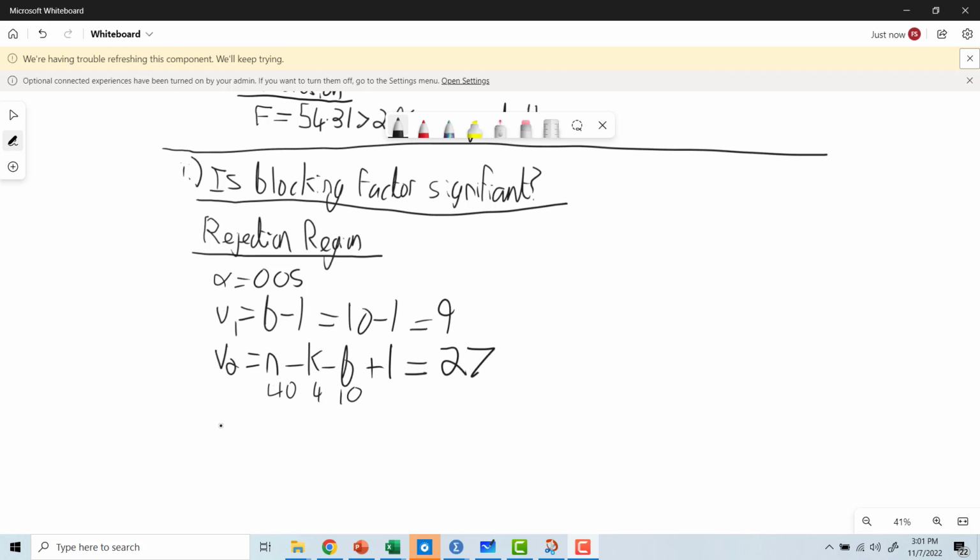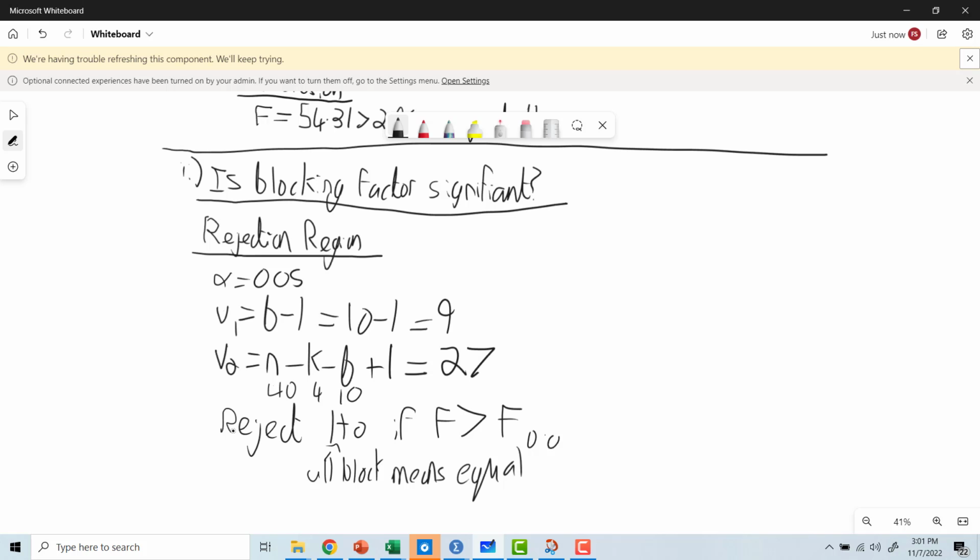So we're going to reject H0. We've not written it out, but this would be that all the block means are equal, if F is greater than F 0.05, comma V1, 9, and 27.